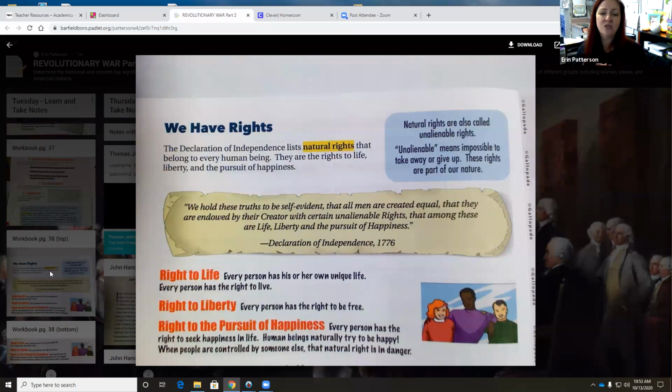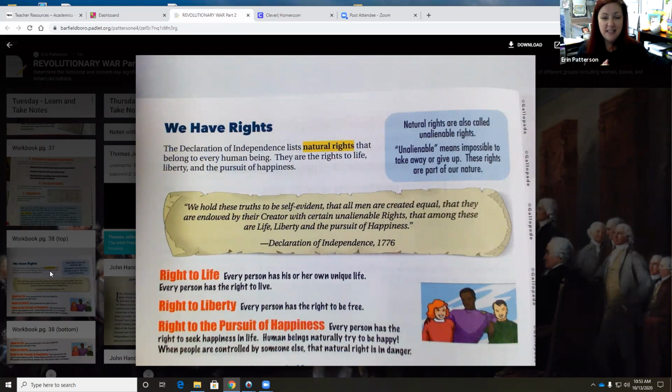It says, we hold these truths to be self-evident, that all men are created equal, that they are endowed by their Creator with certain unalienable rights, that among these are life, liberty, and the pursuit of happiness.